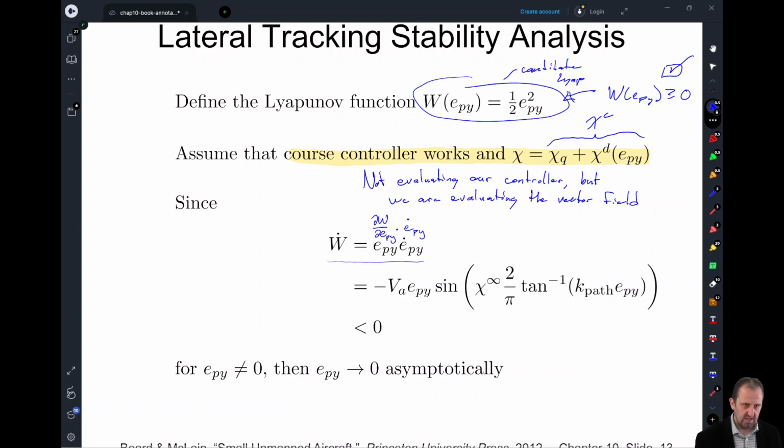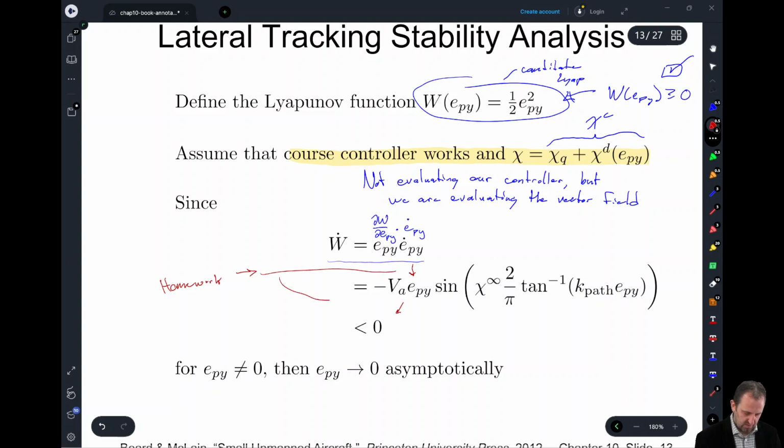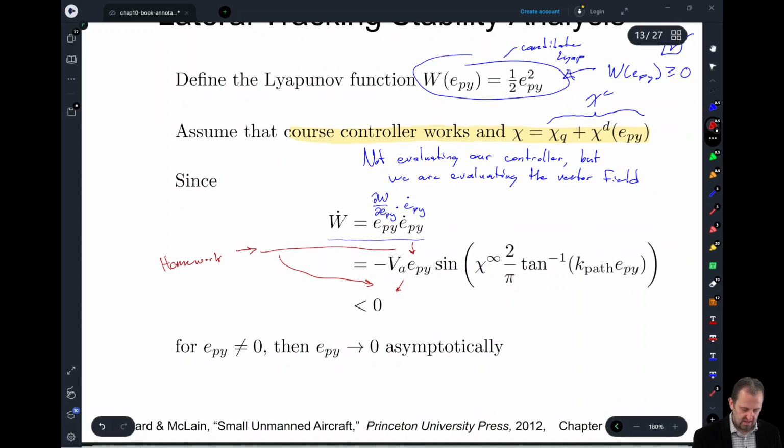Just so you get a good idea of where these equations come from, this is just a fun homework problem where you define the relationship down to here and down to there. So we'll allow these two things to be a fun homework problem, and we'll see that this W dot is less than 0 for e_py not equal to 0. Then that just satisfies our second condition.